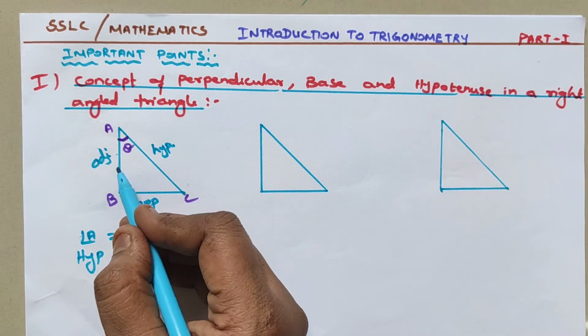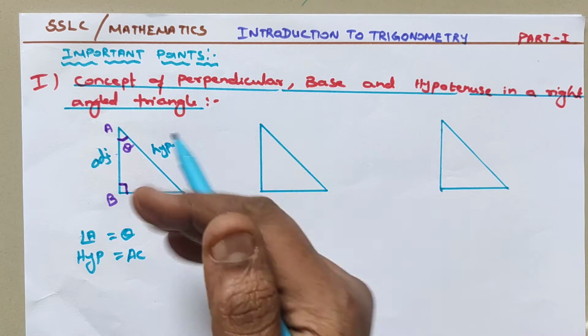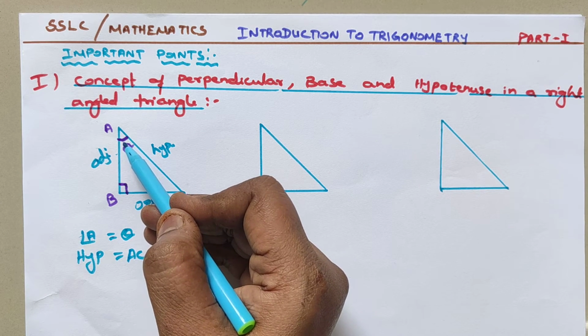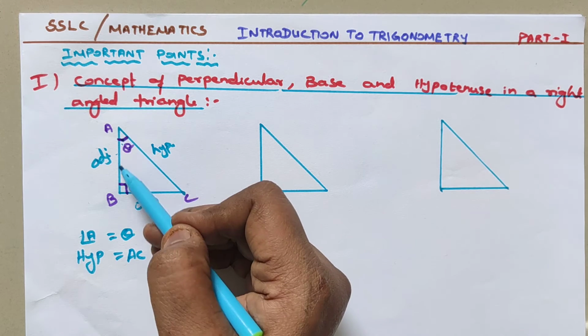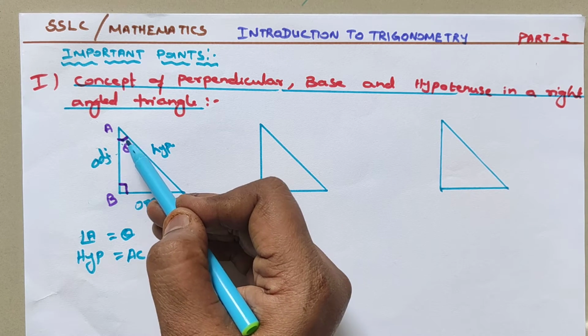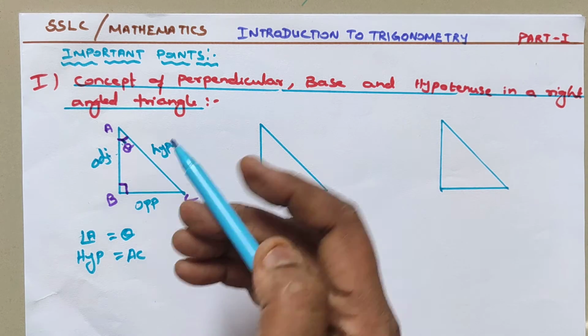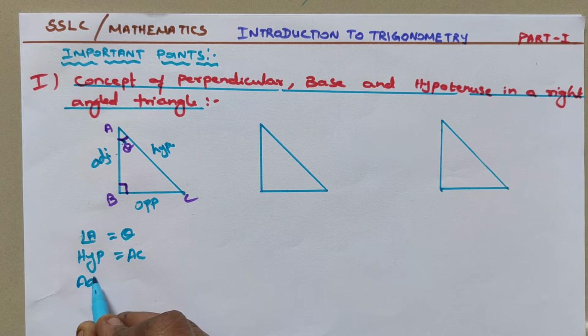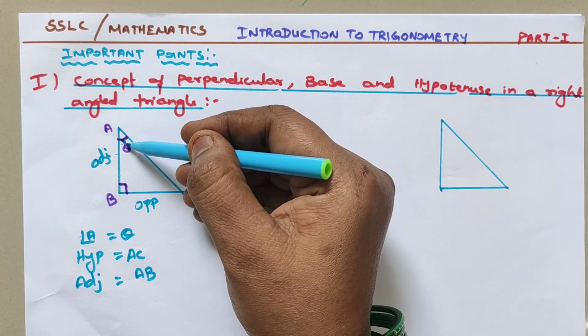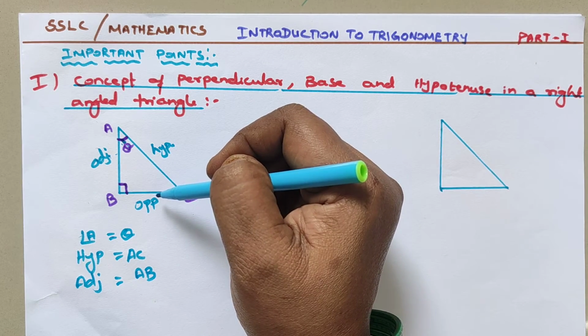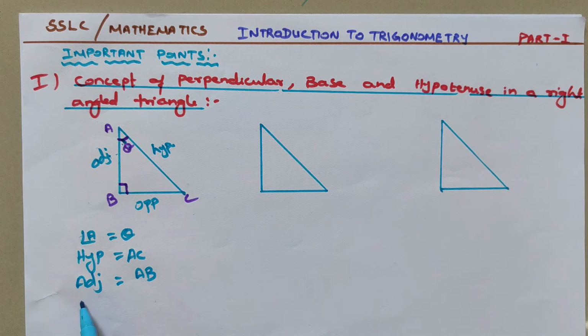Then adjacent means next to this theta, the side next to the hypotenuse, with theta in between. So adjacent we should consider as side AB. Then for this theta, the opposite side is known as the opposite. So here opposite is nothing but BC.